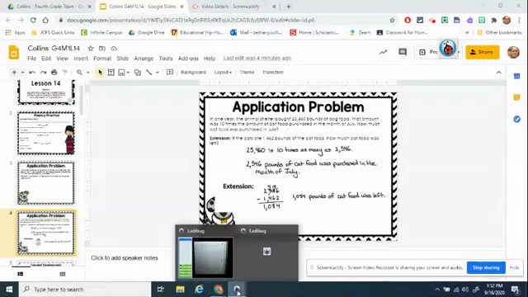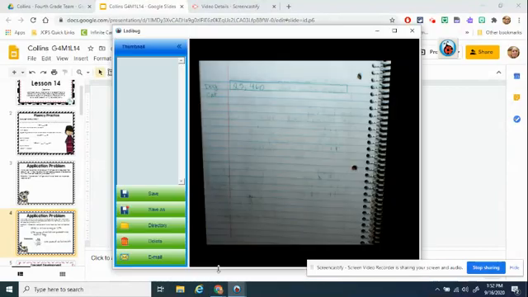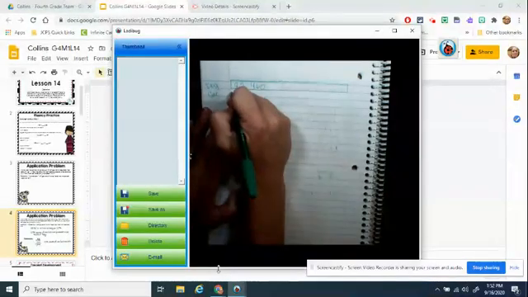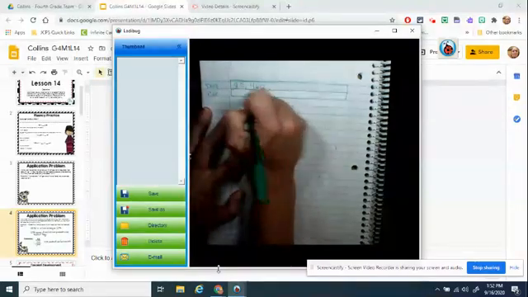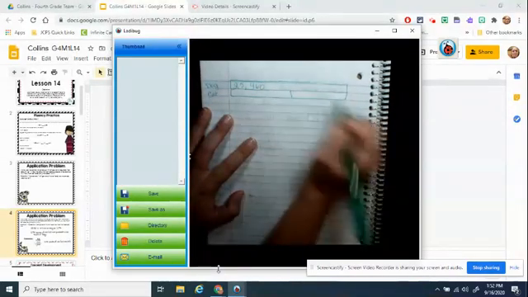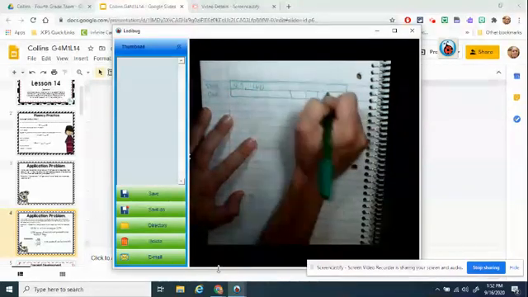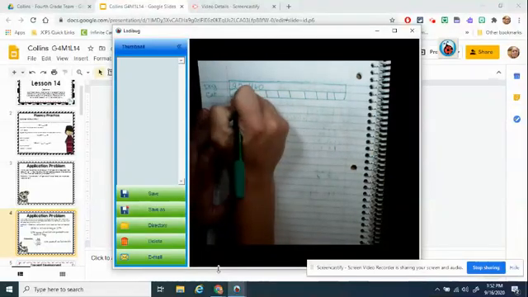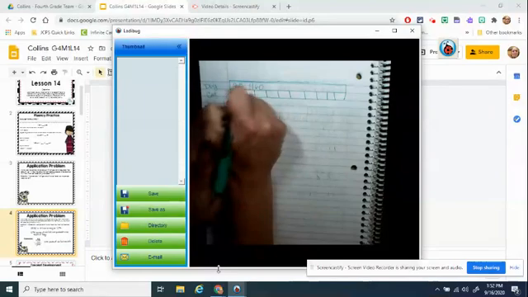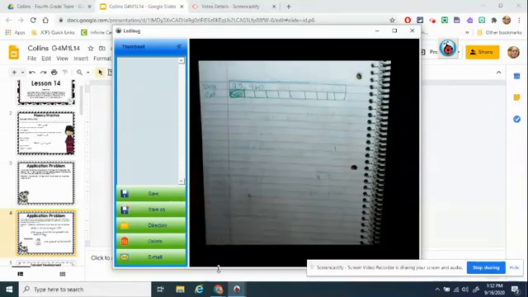Okay, so here we go. Alright, so cat food is going to be 10 times smaller than the dog food, which means it's going to be split into 10. Okay, so this is going to be how much cat food there is. 1/10. There's going to be 1/10 the amount of cat food.